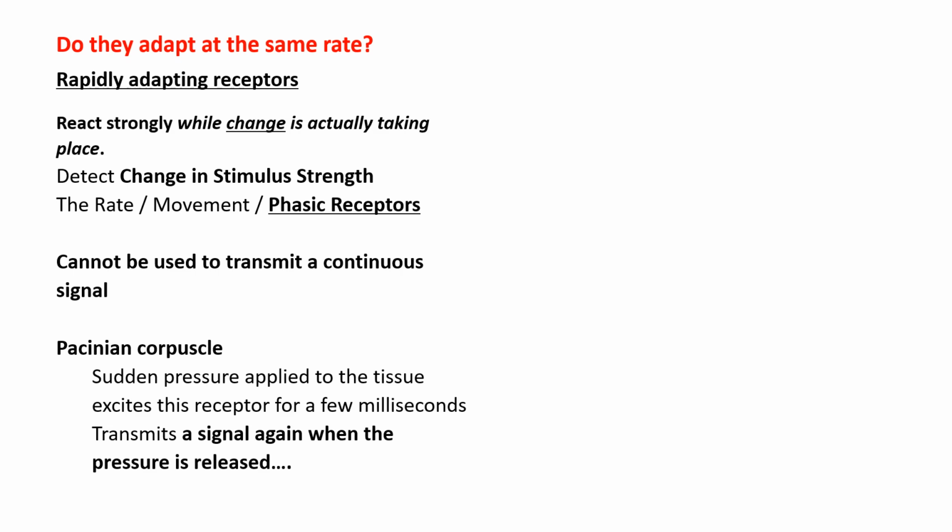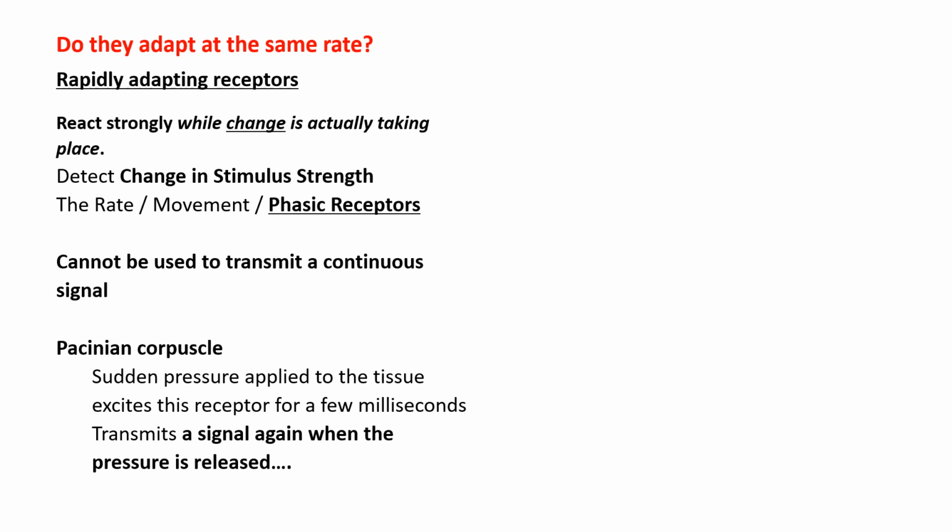Now, do they adapt at the same rate? Of course, the answer is no. As I mentioned earlier, some are rapidly adapting, some adapt rather slowly. So you have the rapidly adapting receptors. These receptors initially will react very strongly when the change is taking place, and then gradually they adapt. So in other words, they only respond to the change in stimulus strength.